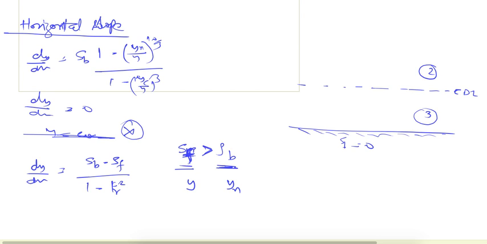So if the friction slope is greater than bed slope, what does it define? That if I'm increasing the slope, the flow will accelerate, and so the depth will decrease, so in this case the actual depth of flow will be less than the normal depth of flow because this slope is higher.